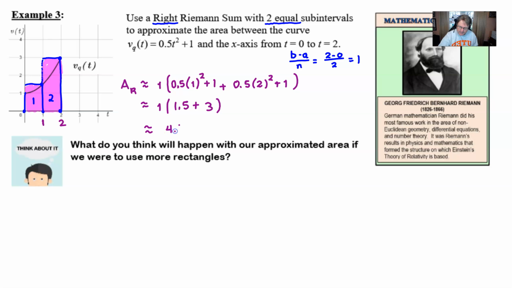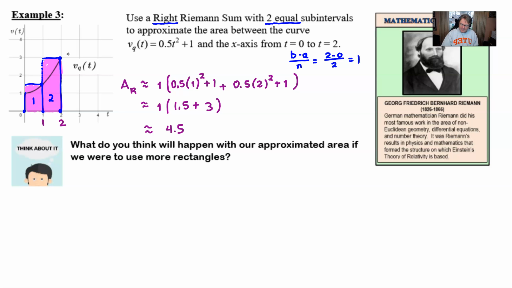And then multiply that by 1. You still have 4.5, or 9/2 if you wanted to express this as a fraction. And that would indeed be the area of these two magenta colored regions, which is the approximation of the area under the curve. Certainly it's an over approximation, but that's okay for right now.